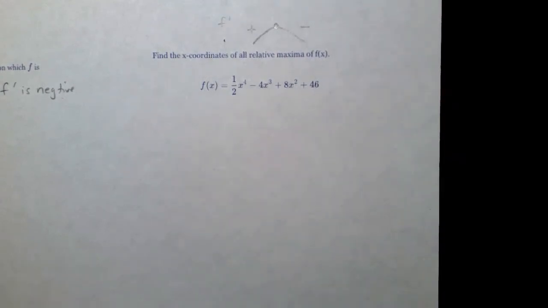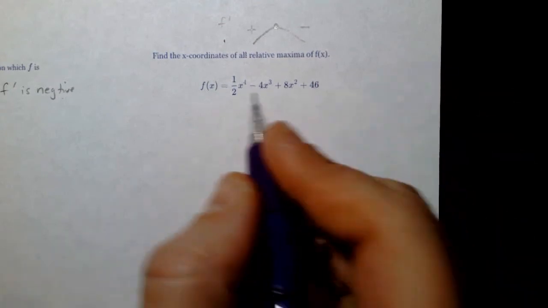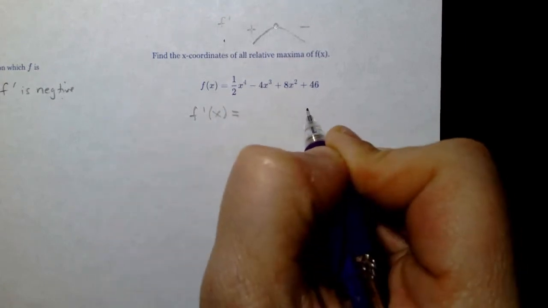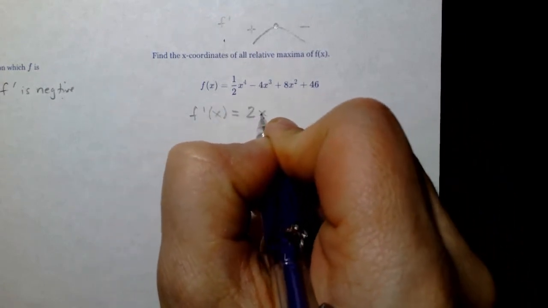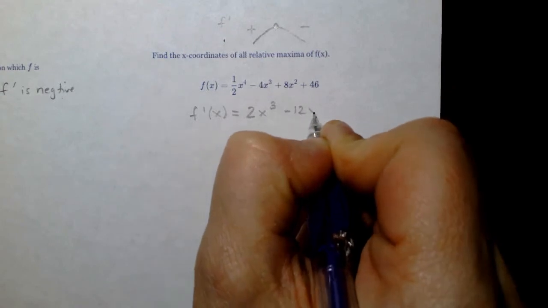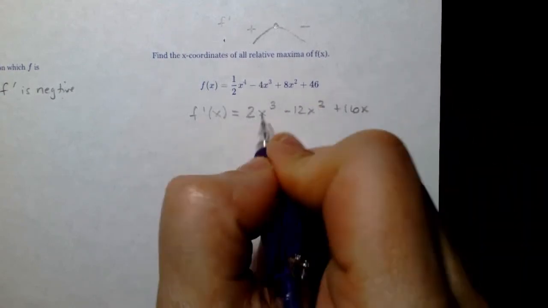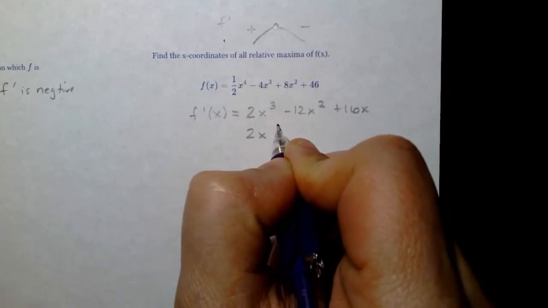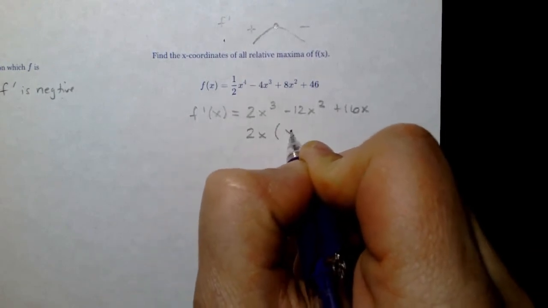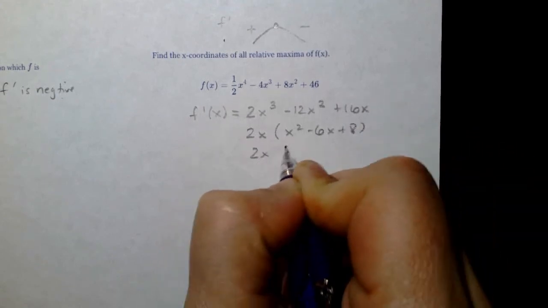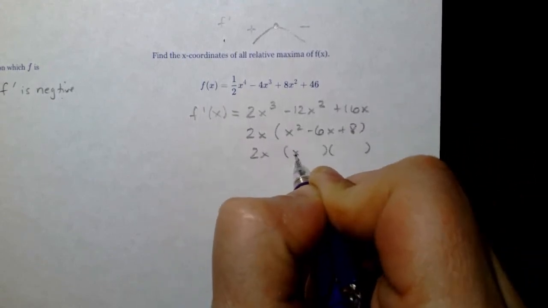So from here, what we're going to do is we are going to take the derivative, we're going to factor the derivative by GCFing out a 2x, continue to binomial factor.